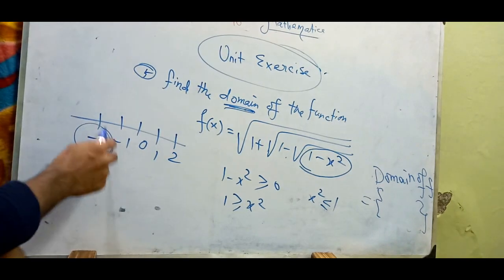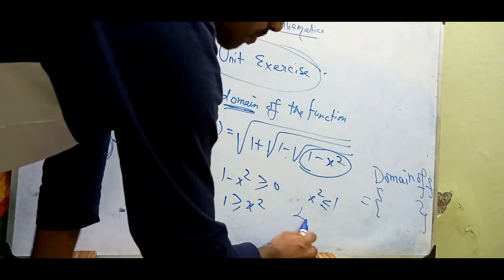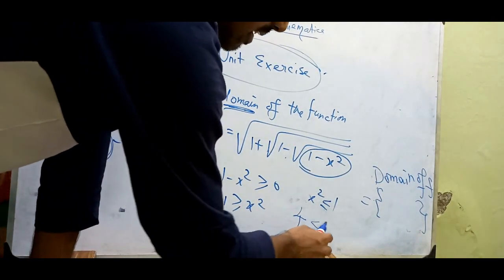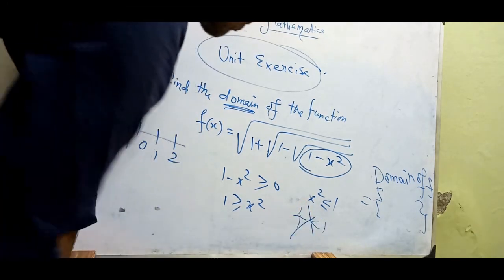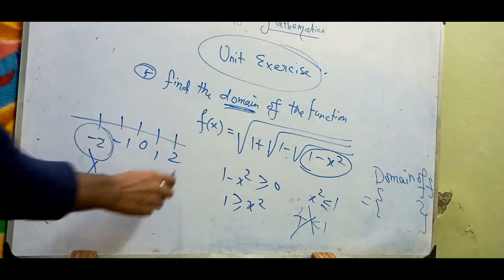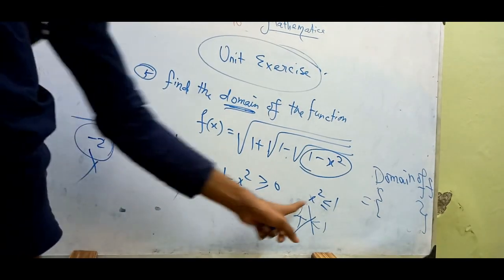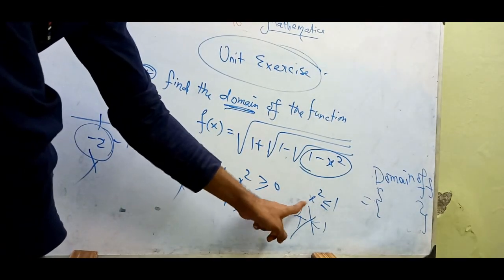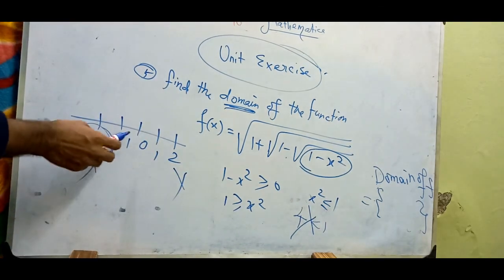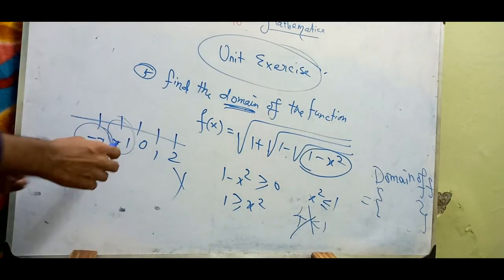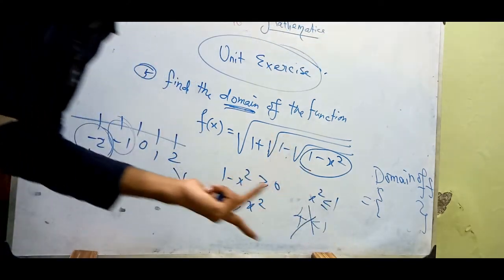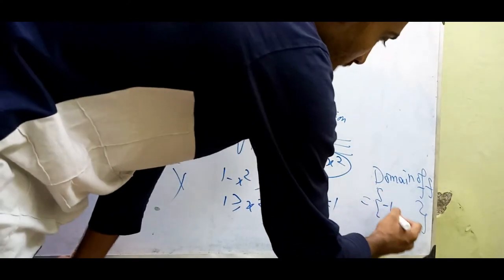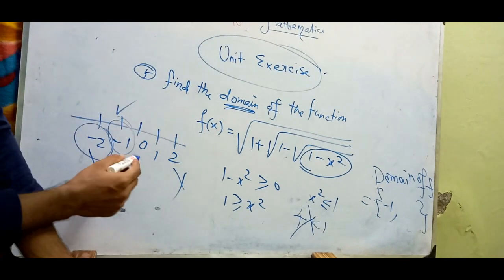If you put minus 2 here, it is going to be 4. 4 is less than 1 is an absurd statement, because 4 is greater than 1, so we cannot use minus 2, as well as plus 2, because if you use 2 in x, it is again 4. But what about minus 1? If you take minus 1, its square is 1, and 1 is equal to 1. As it says, we can use minus 1 here. So this is one value.